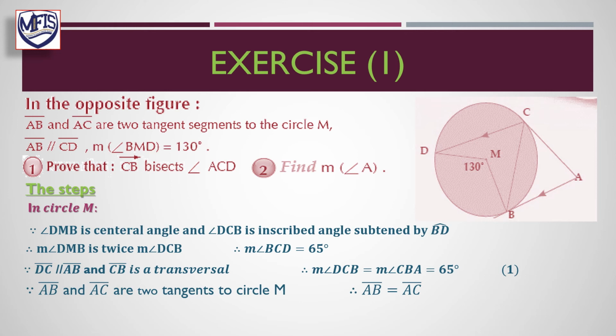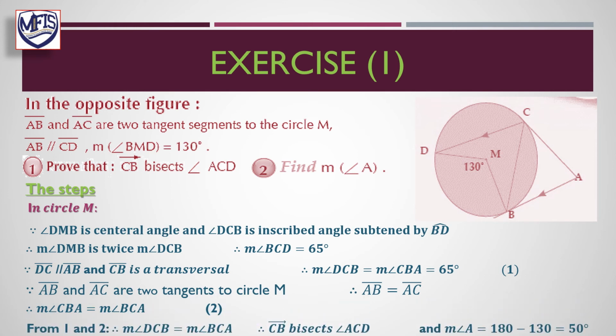Since AB and AC are two tangents to the circle M, therefore AB equals AC. That means measure angle CBA equals measure angle BCA. This is number 2. From 1 and 2, therefore measure angle DCB equals measure angle BCA.